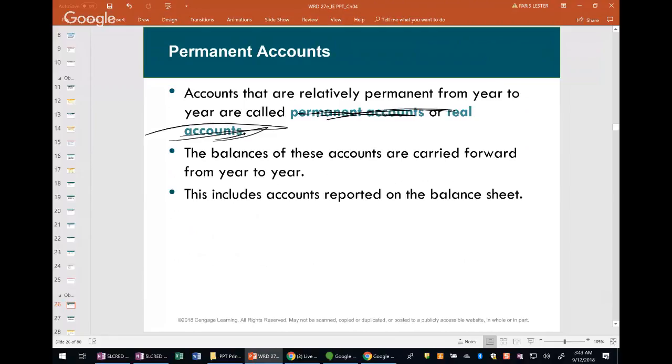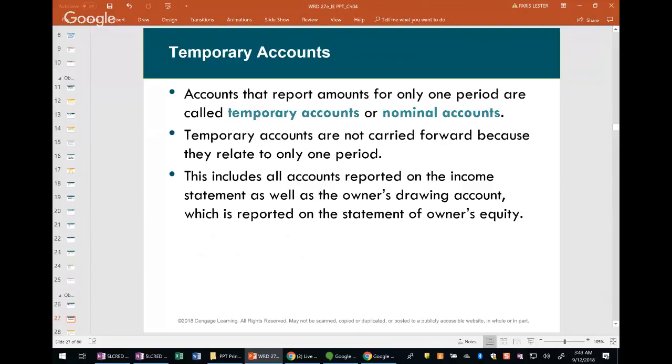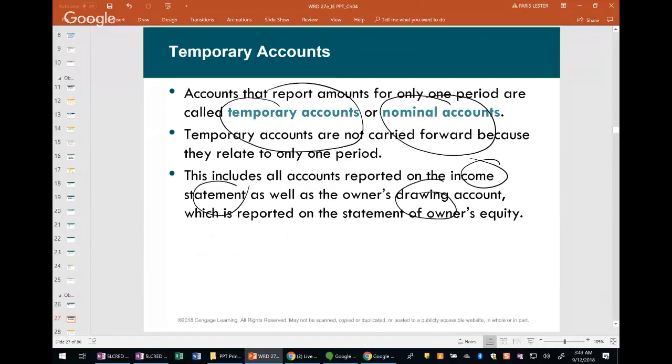So the balance sheet accounts are permanent accounts, sometimes called real accounts. Temporary or nominal accounts are revenue and expenses on the income statement plus drawing.